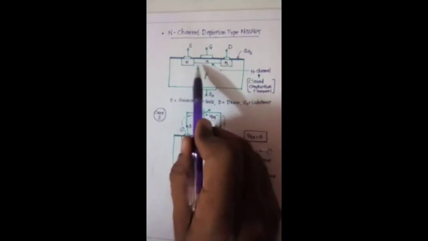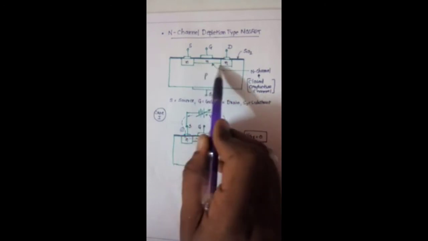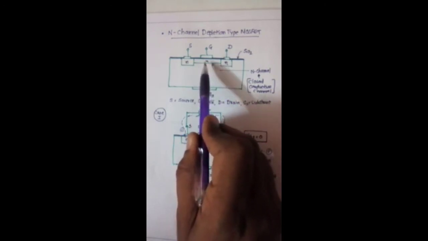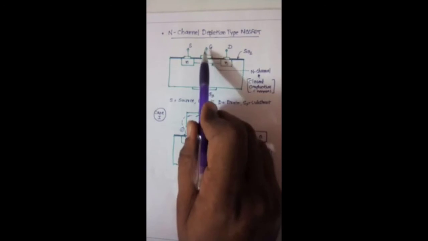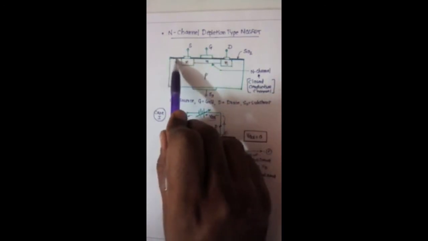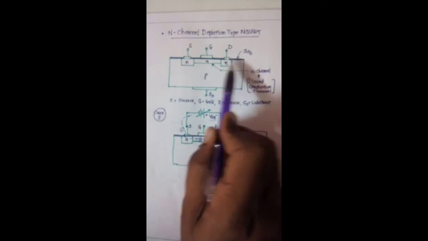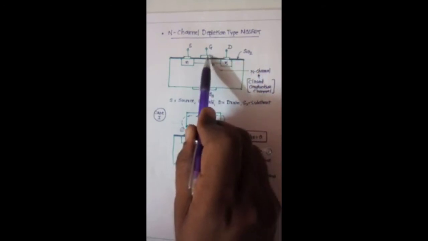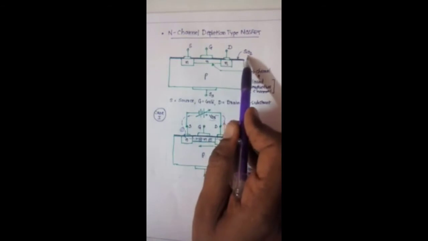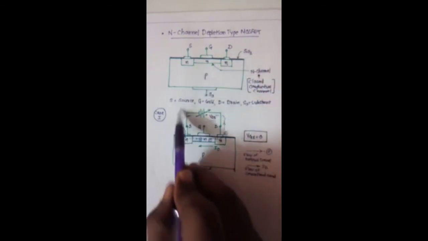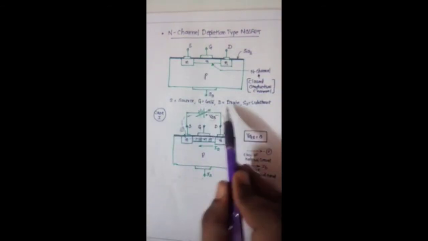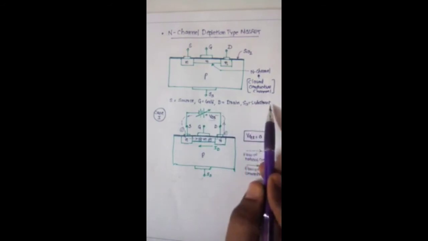In between these two, a closed conductive channel of N type is available, and there is the gate terminal. Here a very thin insulating layer of silicon dioxide is placed between gate and substrate. So S is the source, G is the gate, D is the drain, SS is the substrate.